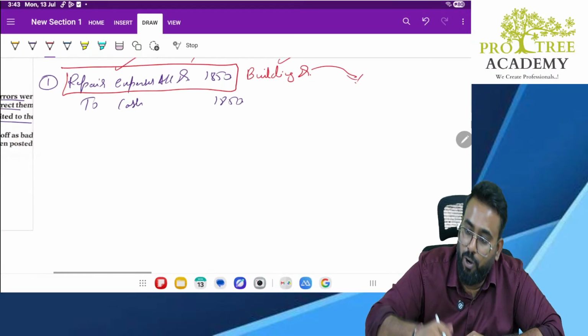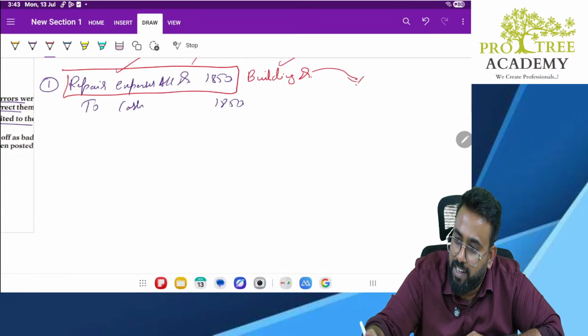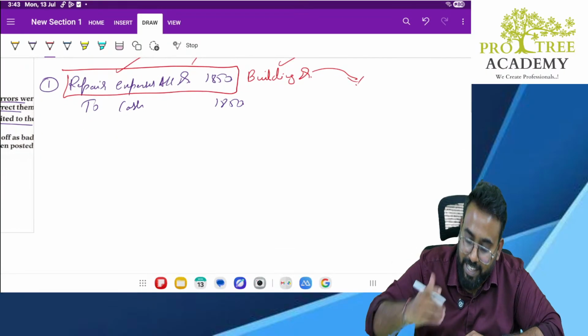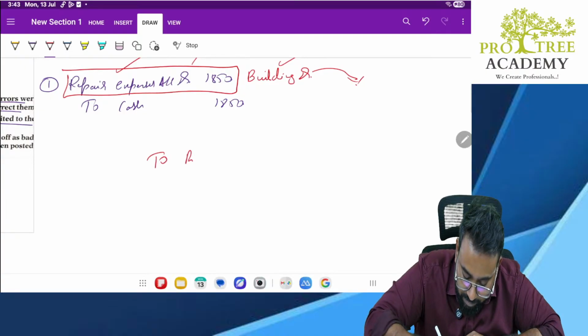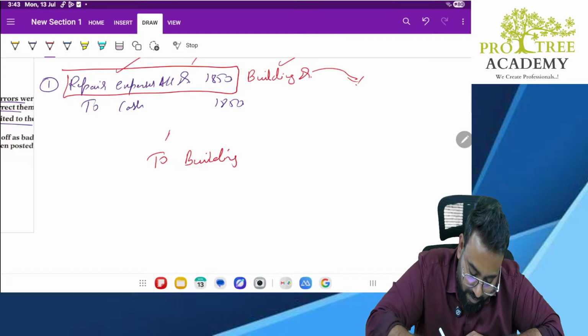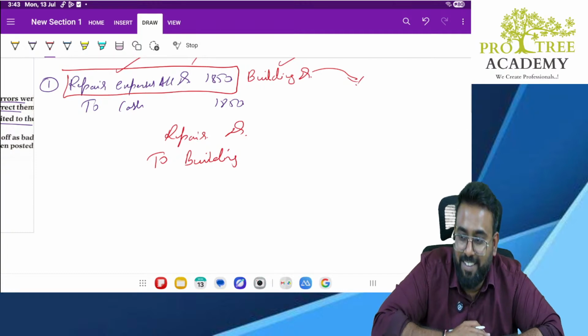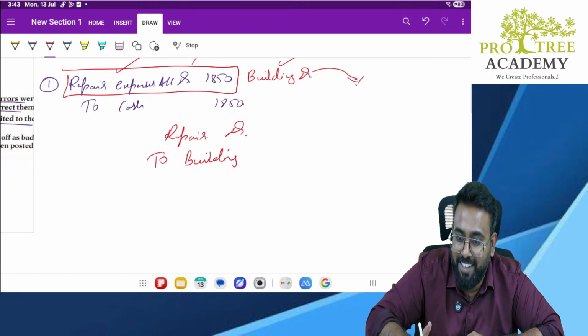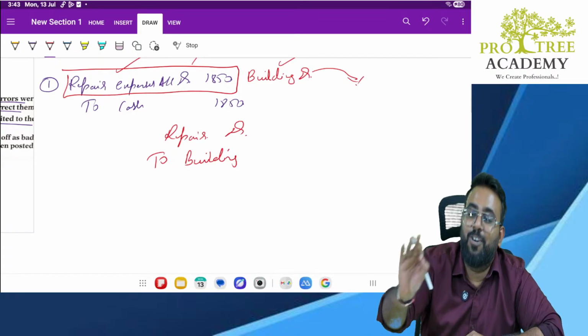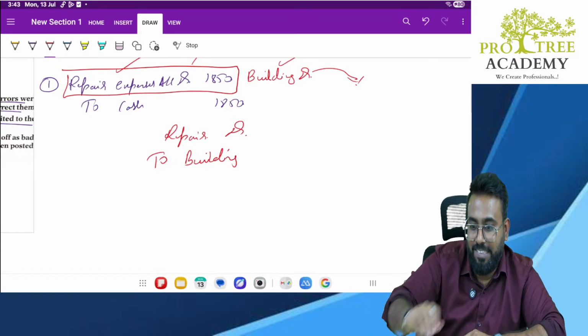So building was earlier debited; now to send it out it will be credited. So to building, and repair expenses should be debited. Clear? Easy, no? It is easy only. 10 marks, you should be able to score 10 out of 10.